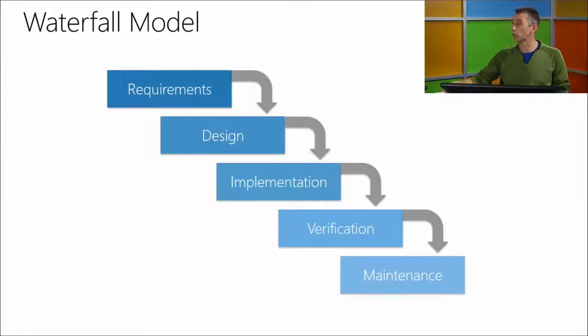Then you go into the implementation phase where the code's actually written. The developers are writing their code, the testers are writing their test cases and their automation. Once you reach that criteria, you go into the verification mode, which is also known as the stabilization phase. And this is where the bulk of the testing happens.